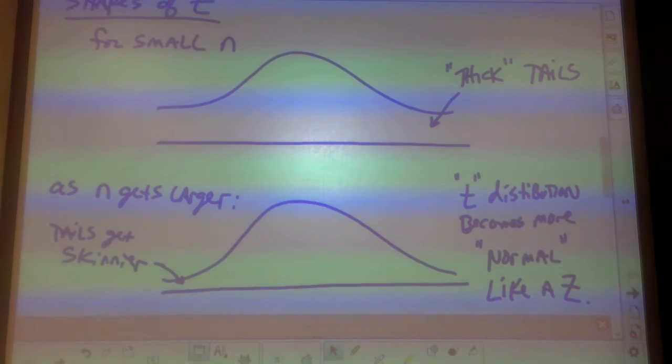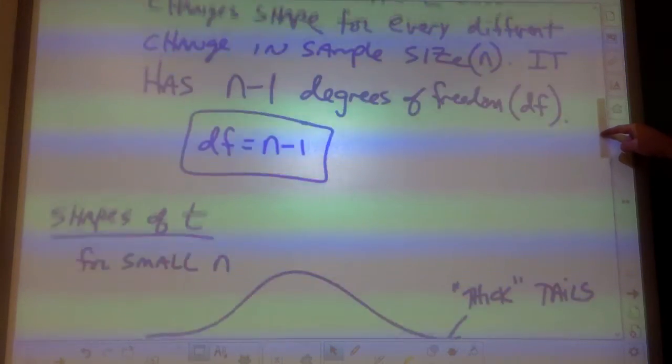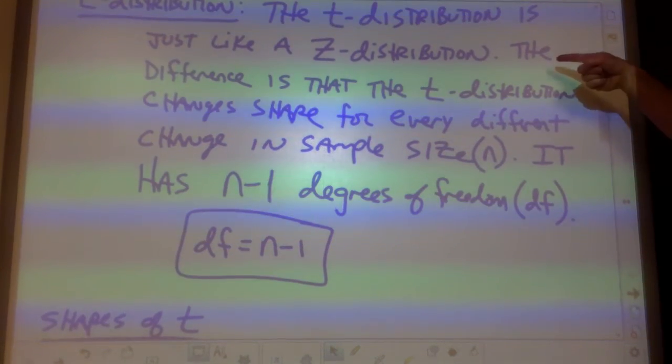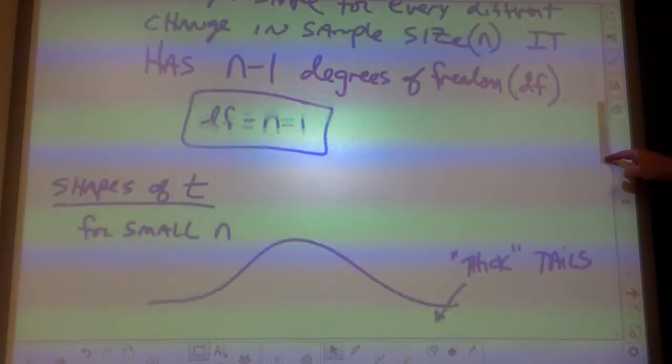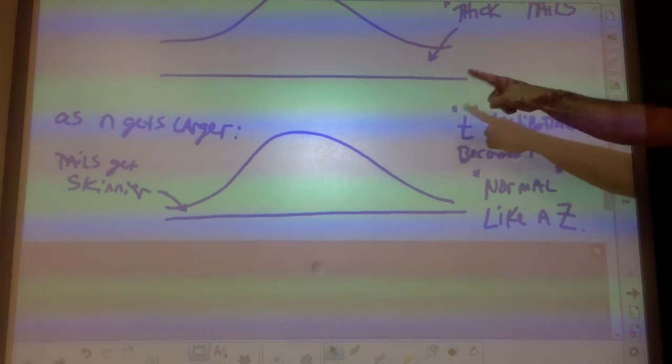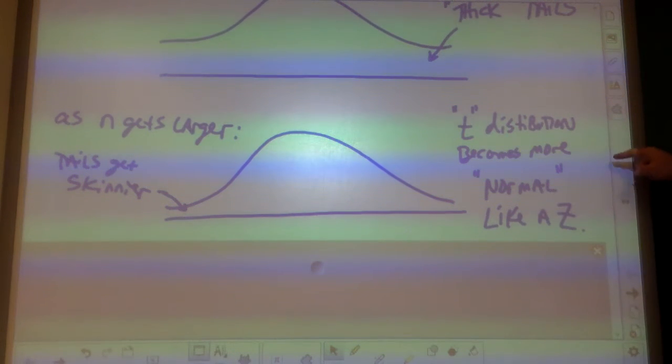And that's one of the things that NAGRA wanted you folks to understand with t. T looks like z, changes shape for every sample size, and as the sample size gets larger, it looks more and more like a z. Okay?